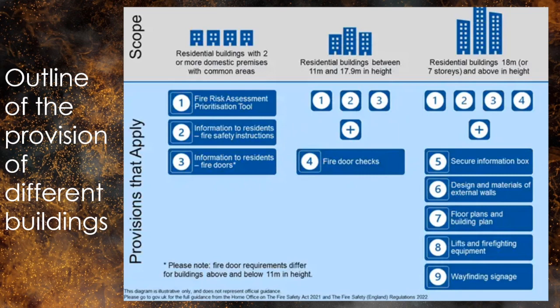And for buildings over 18 metres or 7 storeys, they need to do all of those previous actions and provide a lot more information. So now you can see that there is some specific information in the regulations about fire door safety and inspections. And in the fire safety regulations, there is a specific part relating to fire doors called Regulation 10. So let's have a look at that.